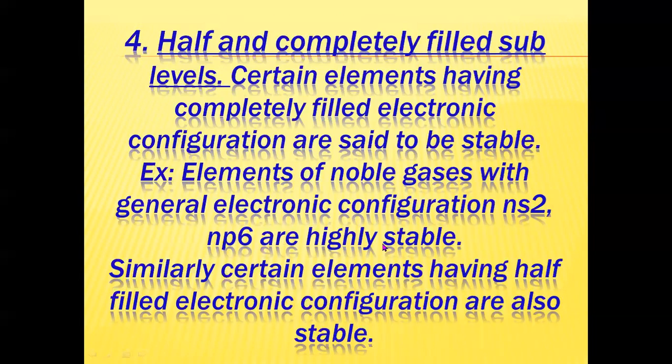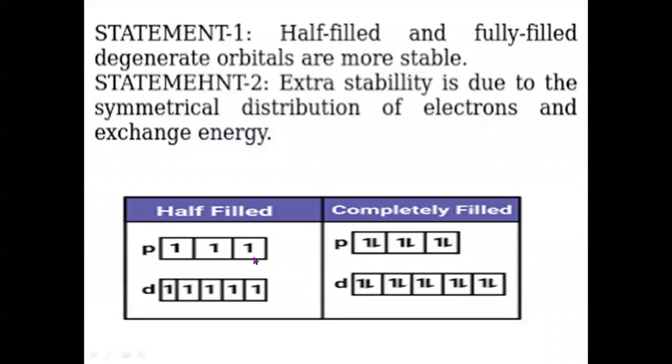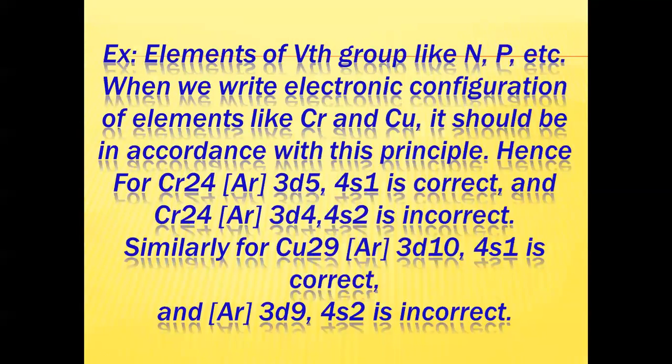Similarly, certain elements having half-filled electronic configuration are also stable, but less stable than noble gases. We can take the example of the fifth group of elements, namely nitrogen, phosphorus, etc. They are also considered stable.